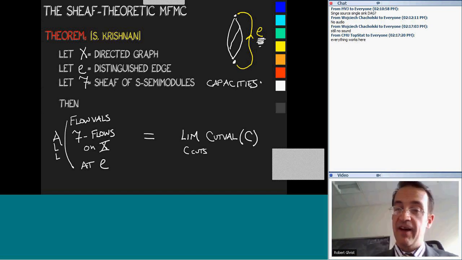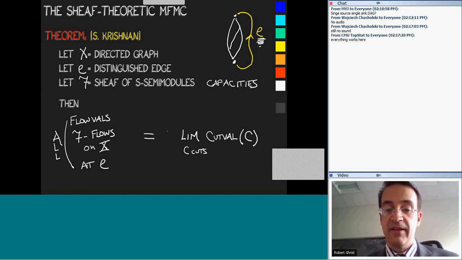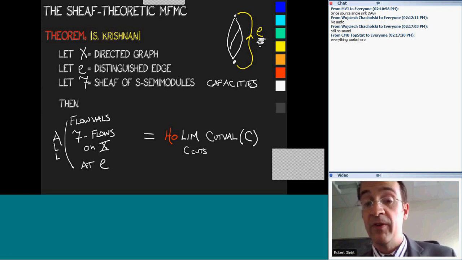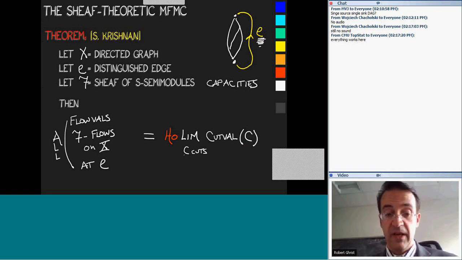Now, this is a lie. This is not true. What I is not a limit, but a homotopy limit, or the appropriate structure. And that is where a subtlety in the theorem lies. Now again, what you should be thinking of is over here, on the left, you have all of your maximal, all your feasible flow values.